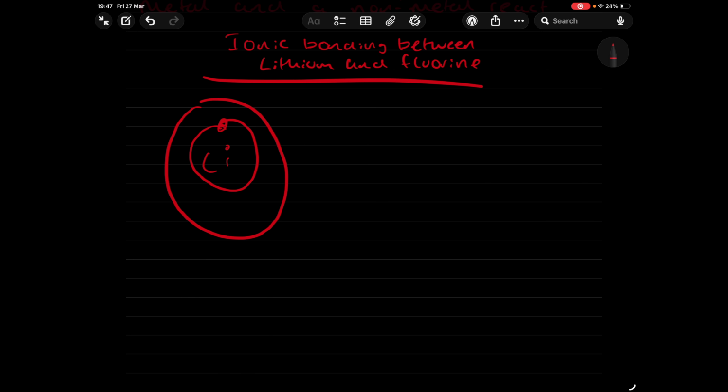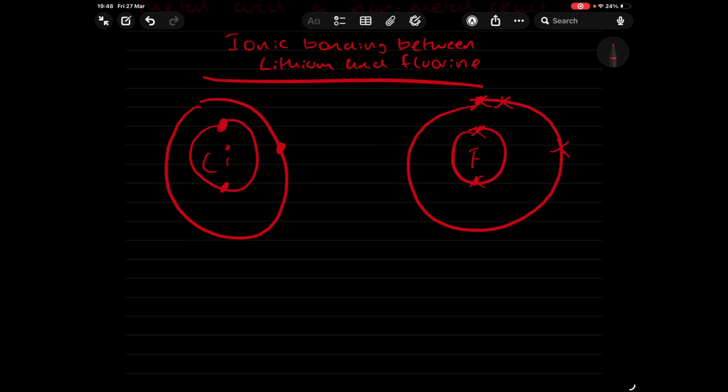It's got one electron in its outer shell, and then we have a fluorine atom. The fluorine atom has 7: 1, 2, 3, 4, 5, 6, 7.